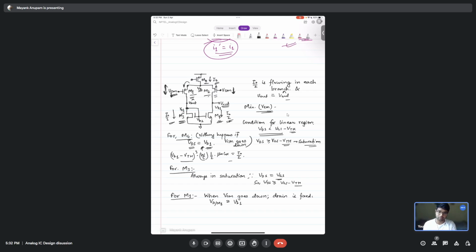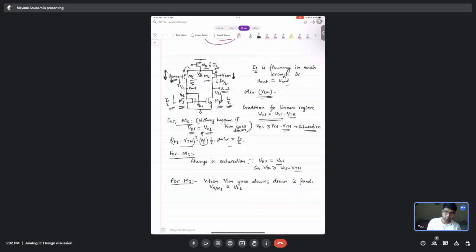Current cannot change. It is also carrying I naught by 2. Fine? Now tell me, if the current through M1 and M2 is not changing and VCM is changing, so what happens to Vx?